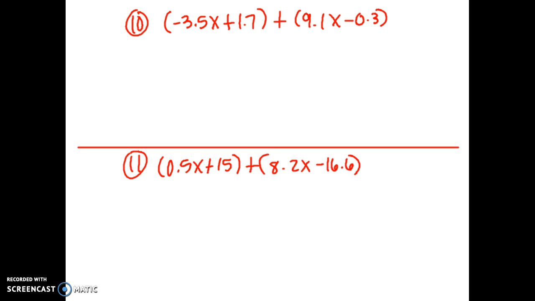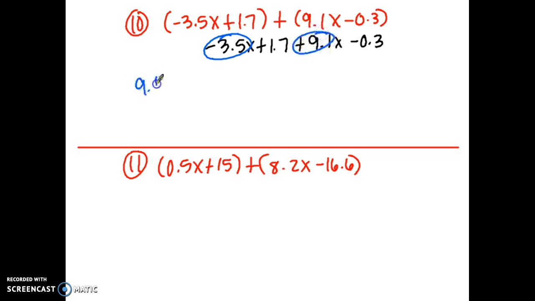Number 10, negative 3.5x plus 1 7/10 plus 9 1/10 x minus 3/10. Negative 3.5x plus 9.1x, my signs are different, so I subtract. 11 minus 5 is 6. 8 minus 3 is 5.